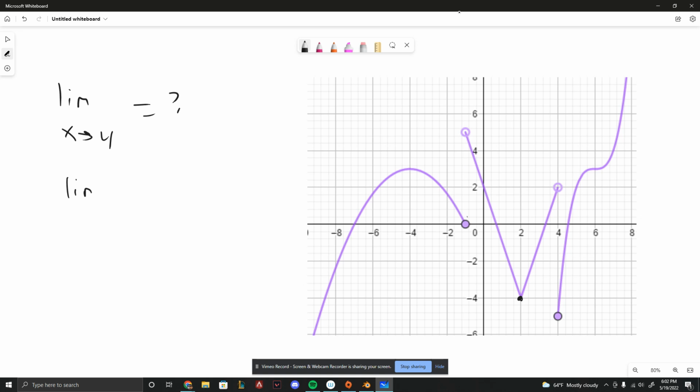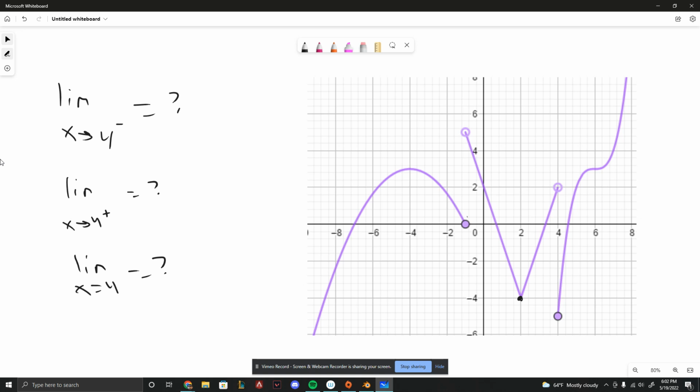Actually, hold on, 4 from the left. The limit as x approaches 4 from the right. And the limit as x approaches 4 equals what? So give us a quick try. Pause the video and then come back, and then I'll explain it.